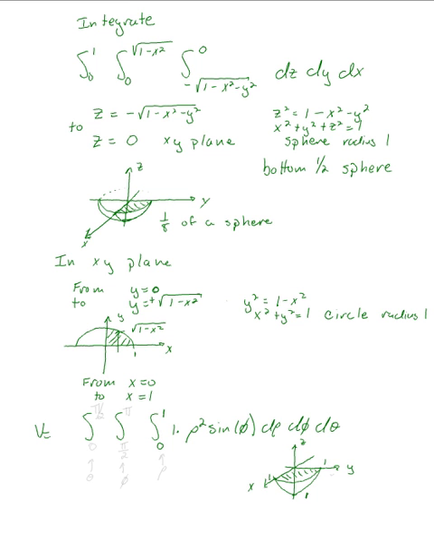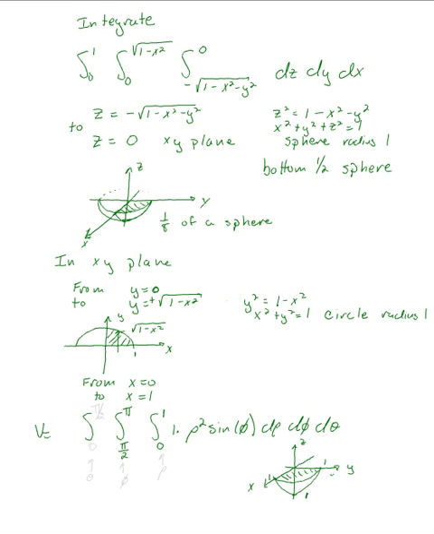So from the positive z-axis down into the xy plane, that would be an angle of pi over 2. So I want to start my phi angle at pi over 2 and let it go all the way down to get to the negative z-axis at pi. So starting in the xy plane, that's my pi over 2, goes down to pi, that takes it all the way down to the negative z-axis.